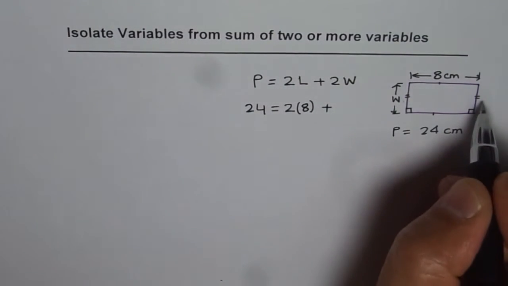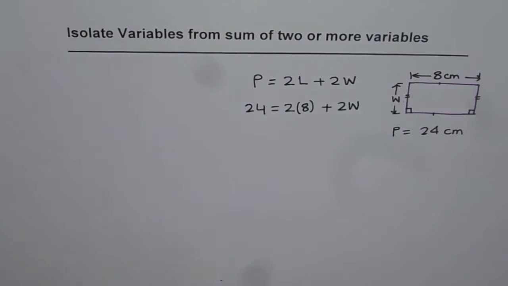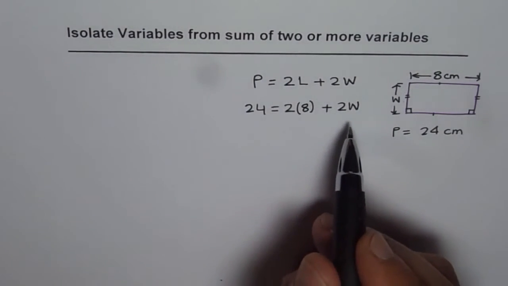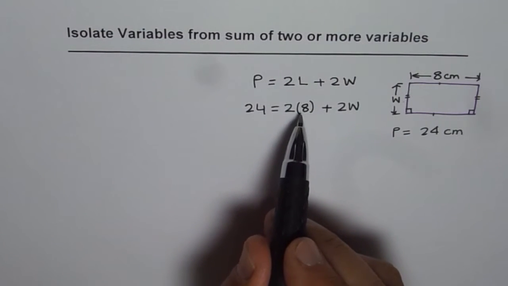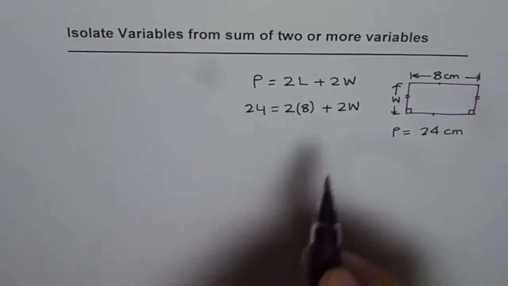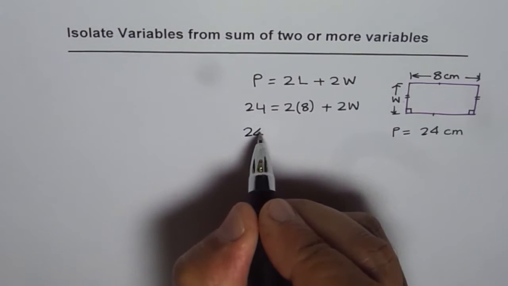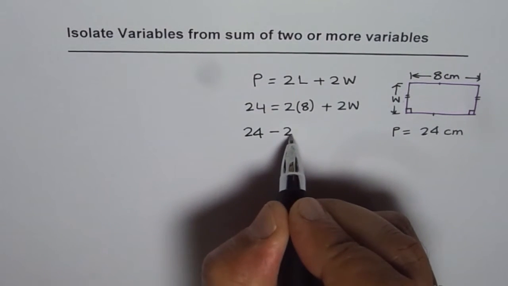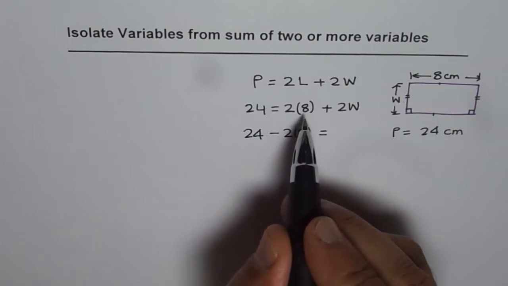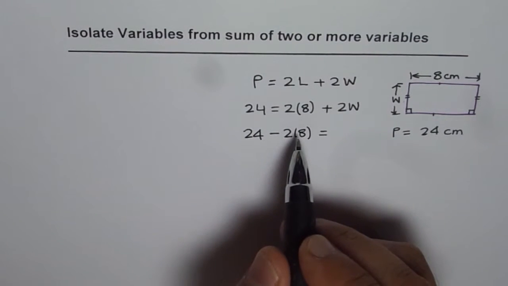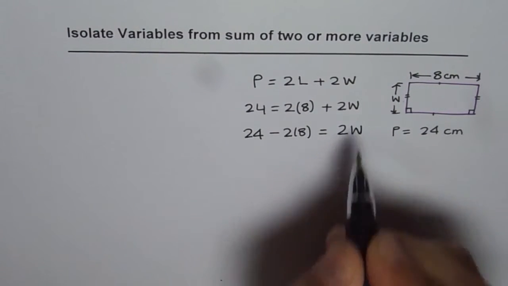If this is width, that is also width. Now to find the value of width, what should we do? We should take away 2 times 8, 16 from both the sides, right? So in that case, we are left with 24 minus 2 times 8 is equal to 2 times width. Now I'm purposely not writing 16 here, since I want to show you the method.